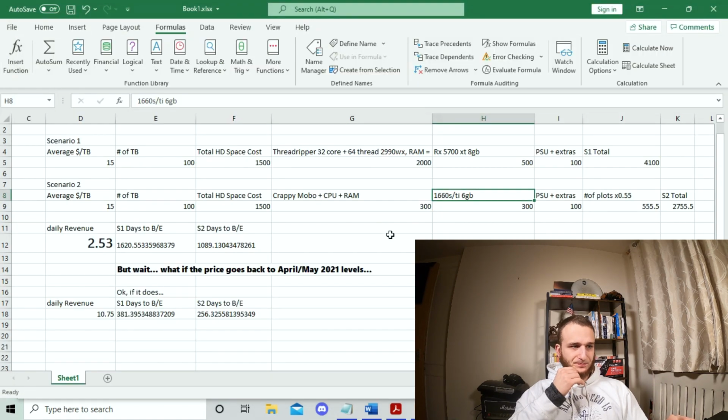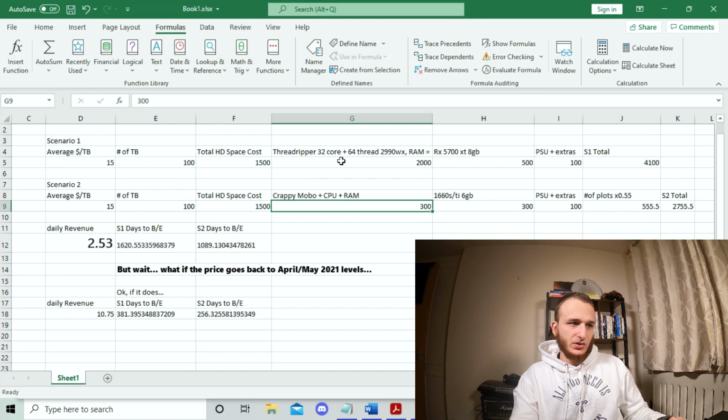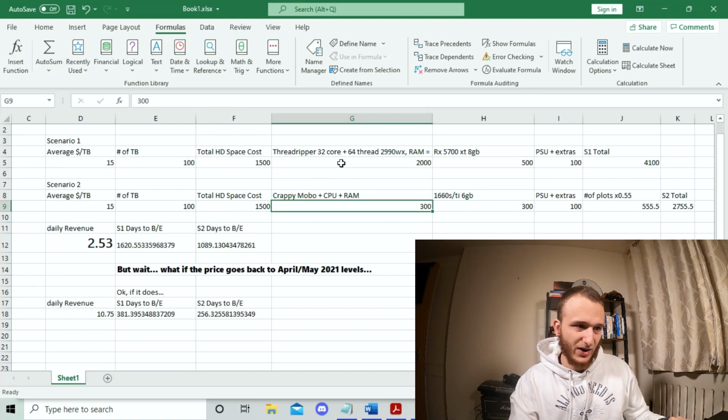As I explained in scenario 2, you could totally reduce the cost by about 1,500, 1,700, something like that, by getting a crappy motherboard, crappy CPU, and crappy RAM. And then you can literally build a computer for $300.